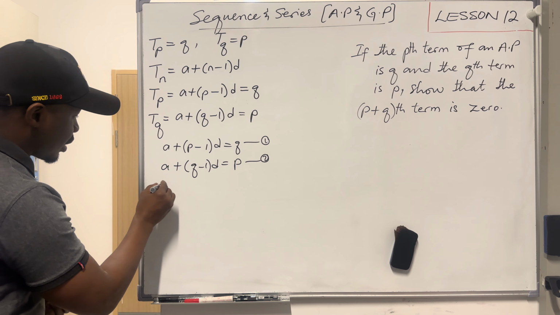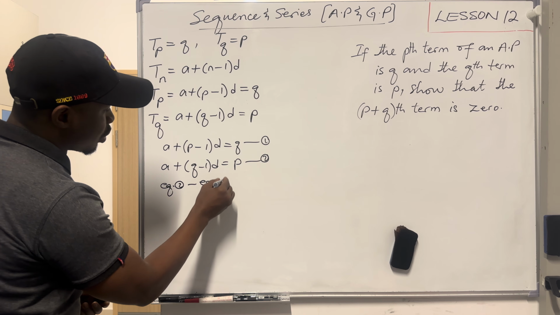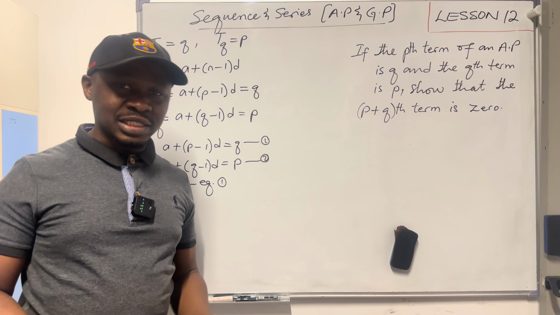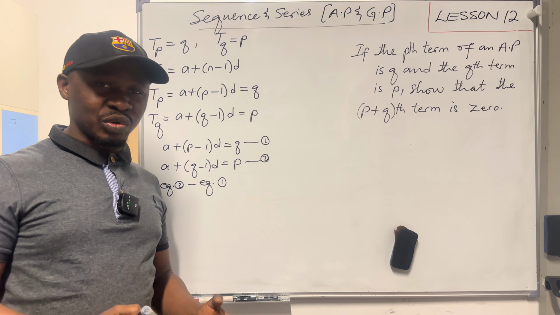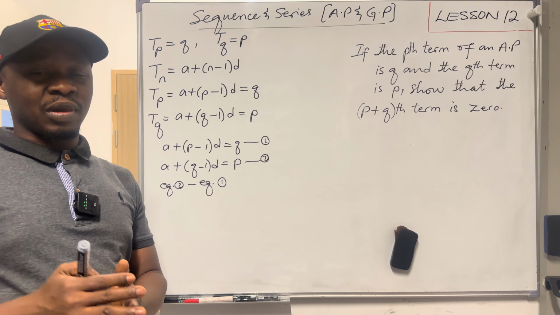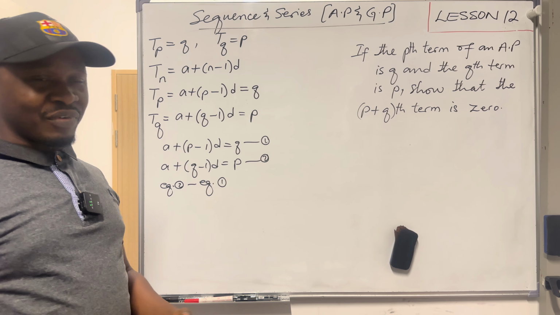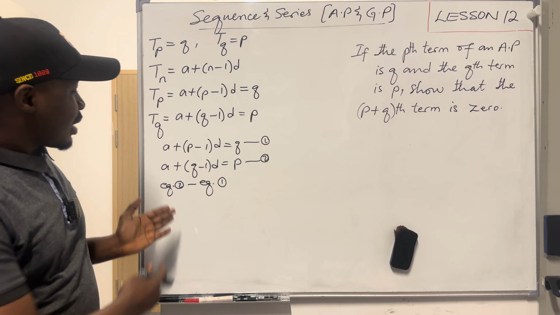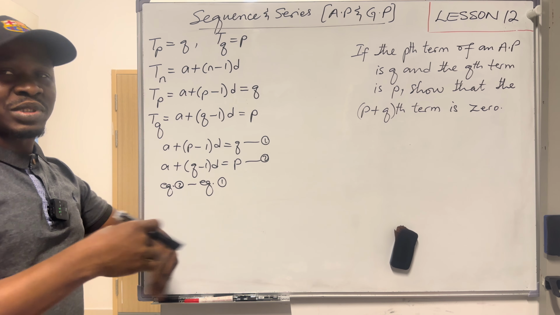So now we say equation 2 minus equation 1. Whenever you are adding, subtracting, multiplying or dividing two equations, the left and the left work, the right and the right work. Since we are subtracting 2 minus 1, the left subtract themselves, the right subtract themselves.